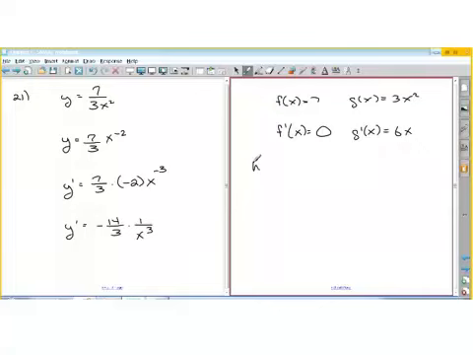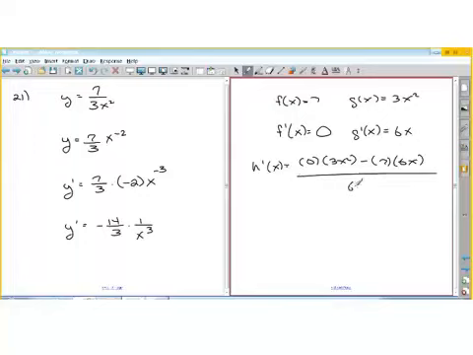So the quotient rule would say h prime of x is this times that minus this times that all divided by g of x, which is 3x squared quantity squared.